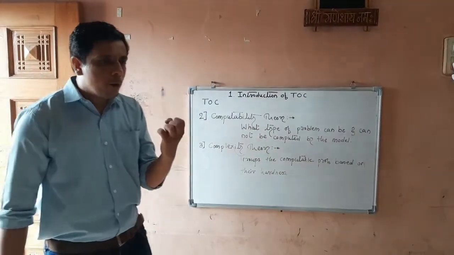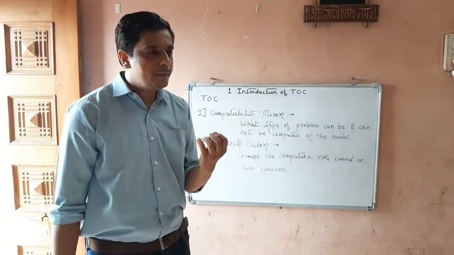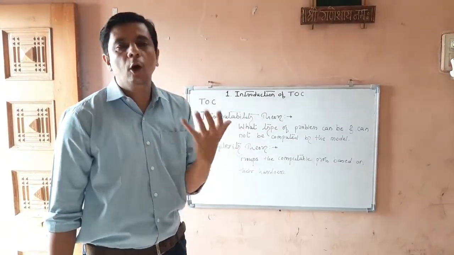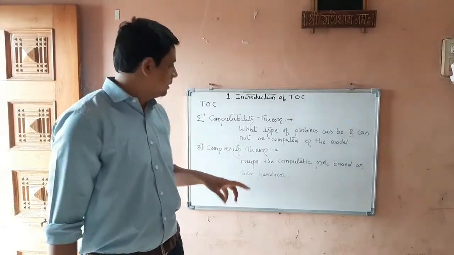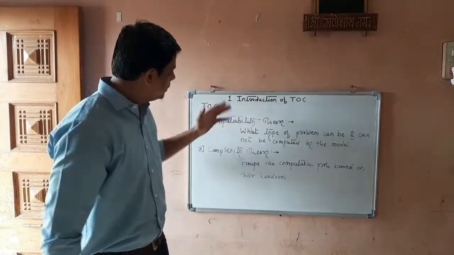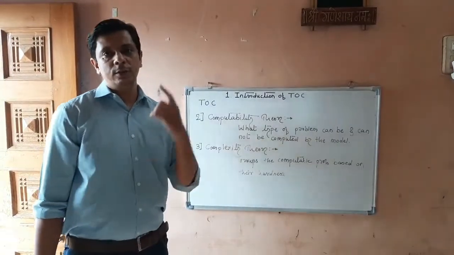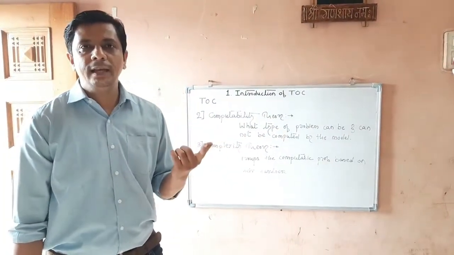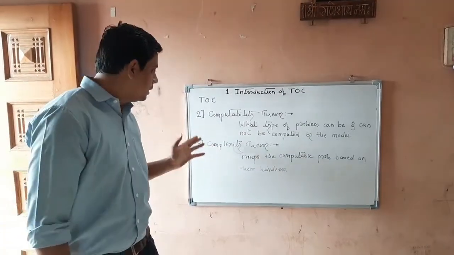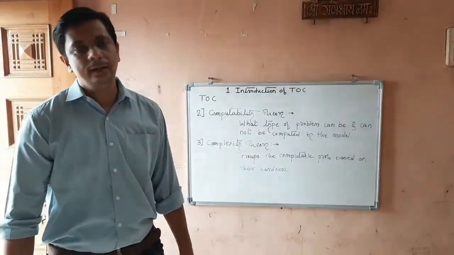So how hard is the problem? Whether the problem is very easy, somewhat easy, or hard, or very hard. On this basis, complexity theory groups such types of problems. So these are the three parts of TOC. The first part is automata theory and language, the second part is computability theory, and the third part is complexity theory.